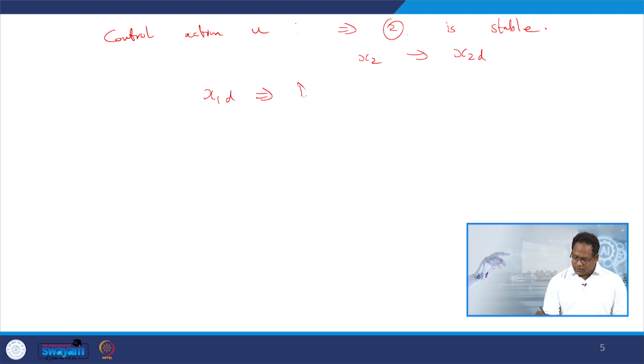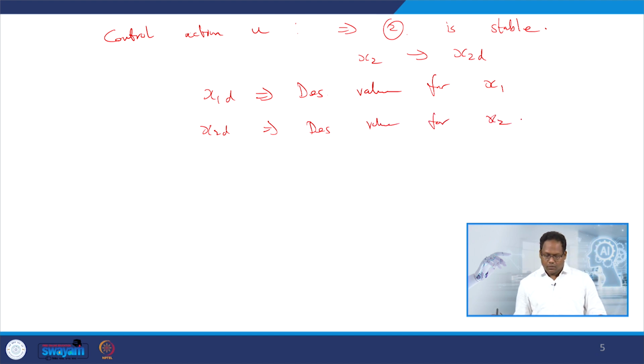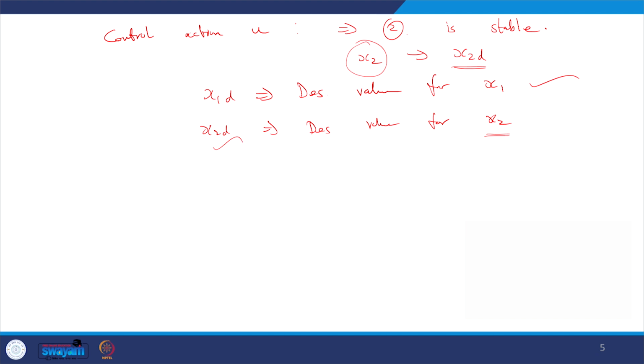Similarly, x2d is the desired value for the x2 state. So, the first statement is possible by having a control input given by x2d, because we consider x2 as the virtual control. Then for the second state x2 to reach x2d, we have the control input u to be designed.